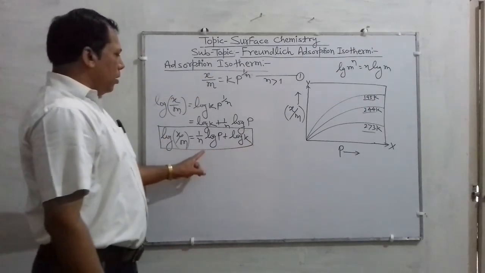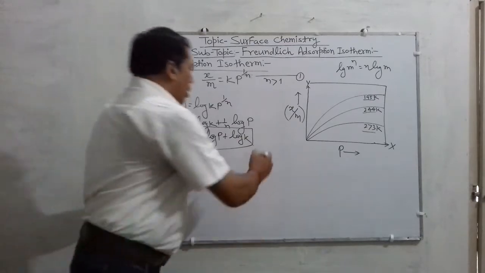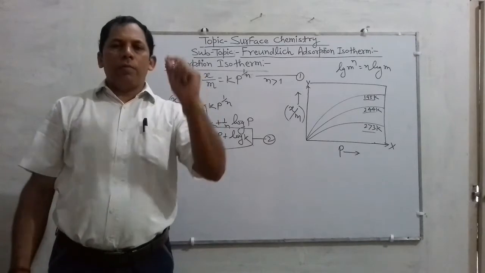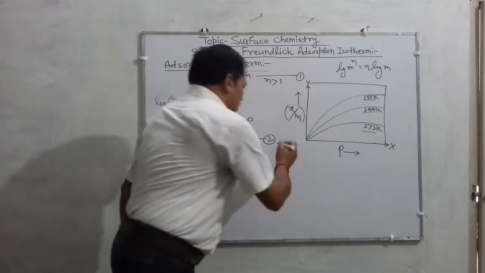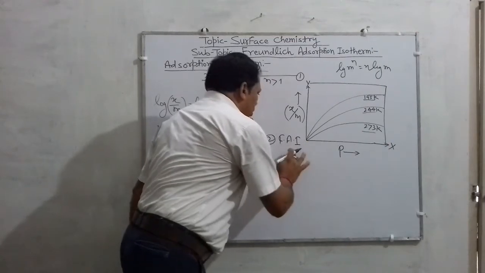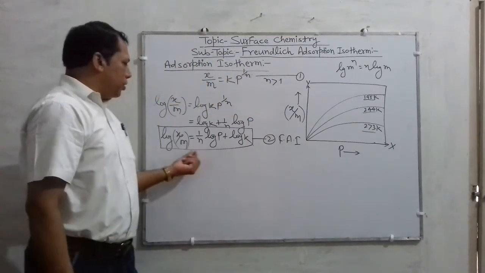So this expression, which is coming by taking log, is called the logarithm form of Freundlich adsorption isotherm, represented by equation 2.